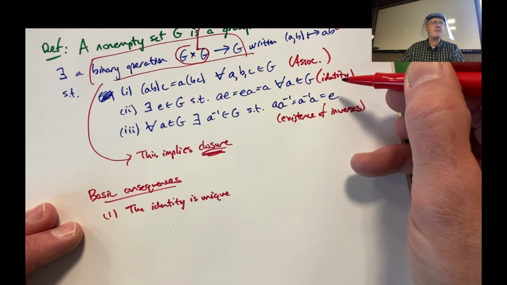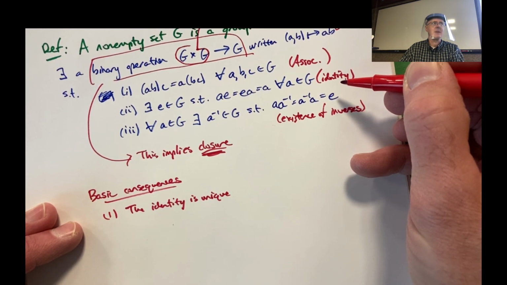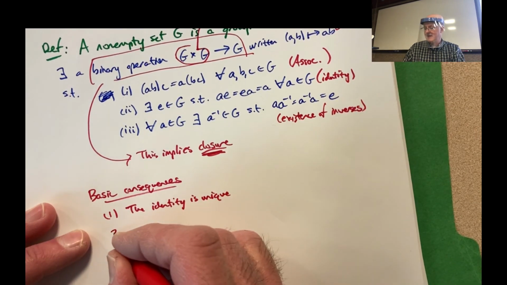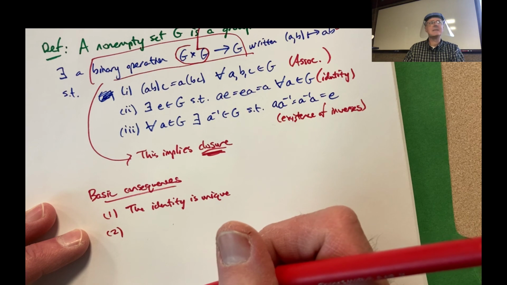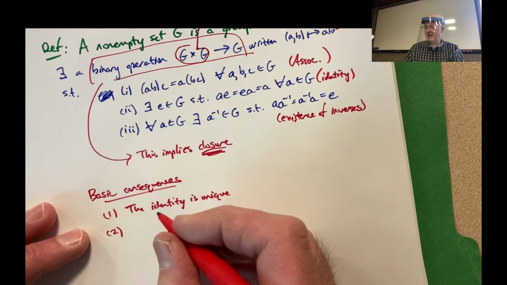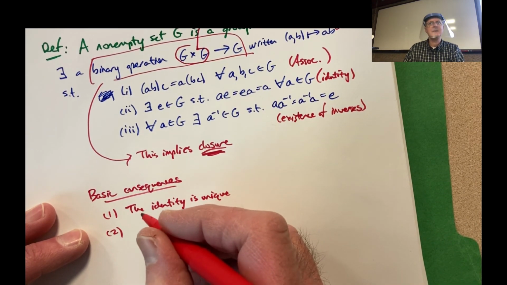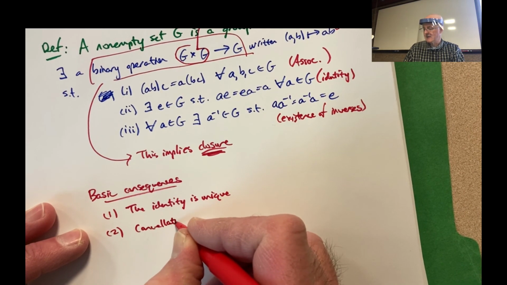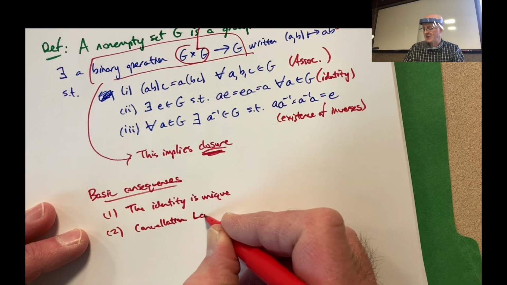The argument to prove it is pretty quick, but maybe slightly tricky. You got to realize what you need to do. Second consequence is, well, inverses are unique, but I think before that, it's easier to prove something called the cancellation law. Or maybe I should say cancellation laws.